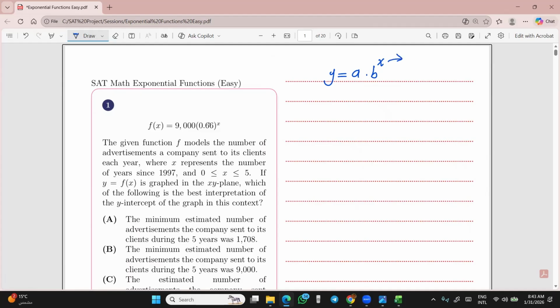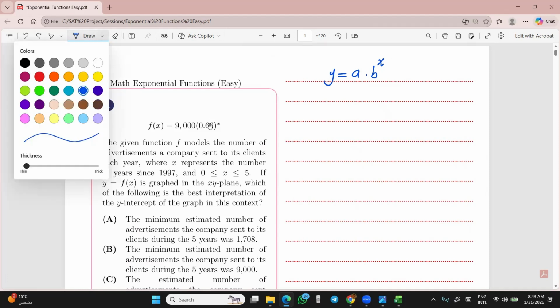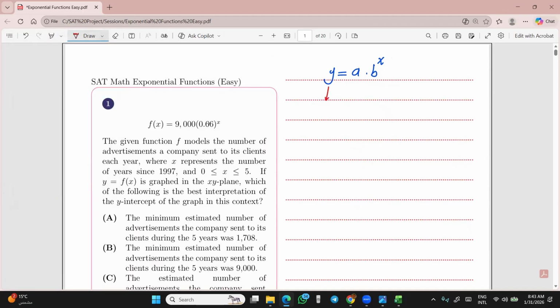And then x is mostly for the time, or how many years passed since the beginning of the experiment, for example. So every one of these letters is associated with something you can consider. Y is always the total, maybe the total after a period of time, or maybe the balance after.